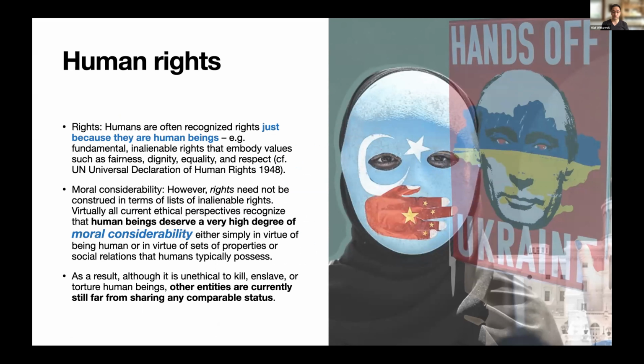We have this intuition that we deserve a very high degree of moral considerability, and other entities are currently very far from sharing any comparable status. Now, it's kind of controversial, but what is obvious is that we don't all have rights, and we still have a lot of work to do on that. I don't want to minimize any of that by giving this talk. We do feel that this is very important as well, but a slightly different question in parallel.